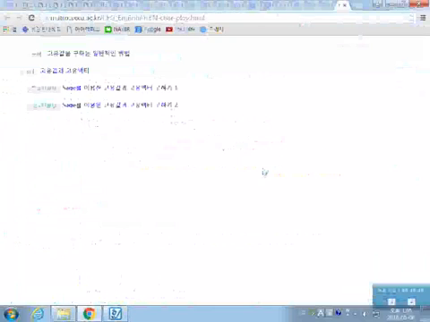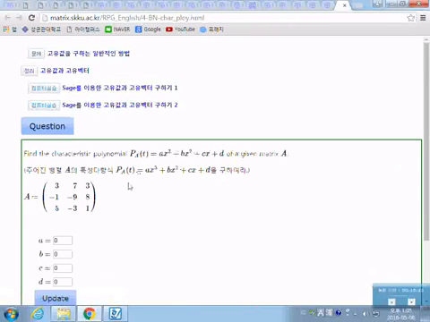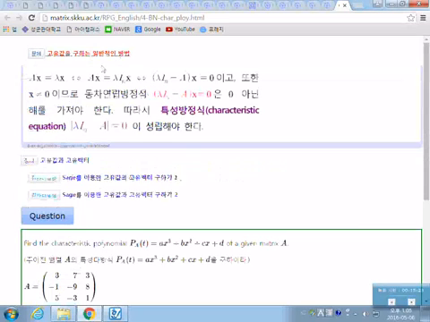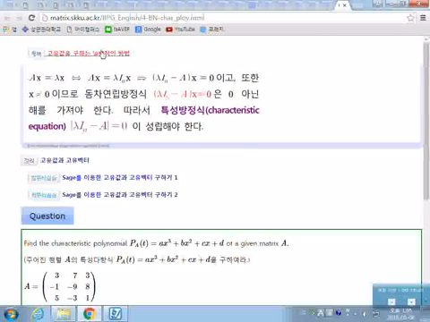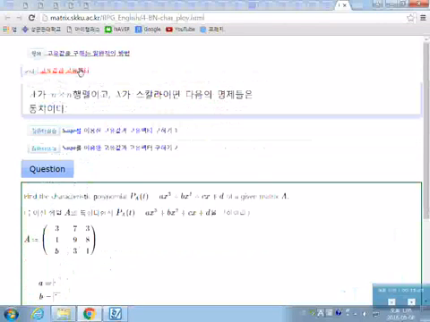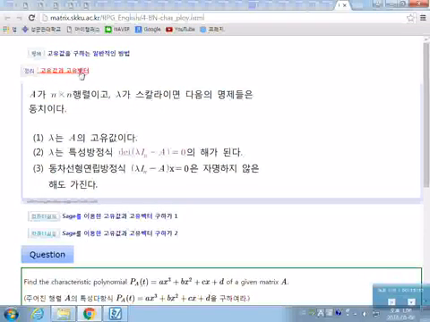And the last one is characteristic polynomials of the matrix. Here there's also a definition, and because it's related to eigenvalues and eigenvectors, here is also the definition of eigenvalues and eigenvectors.